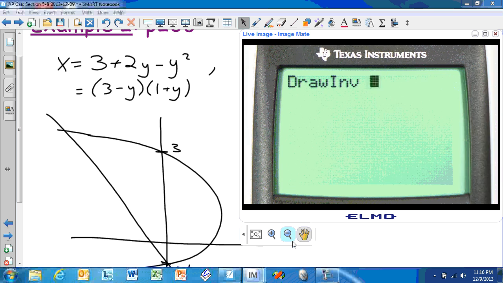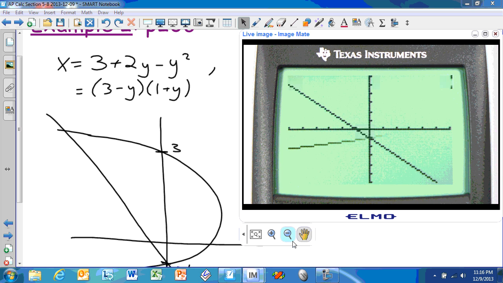So I put in 3 plus 2x minus x squared. Again, I'm swapping the x's and y's here. If I tell it to draw the inverse of that, that'll give me the graph that I'm looking for. Just press enter. There we go. There's that sketch.